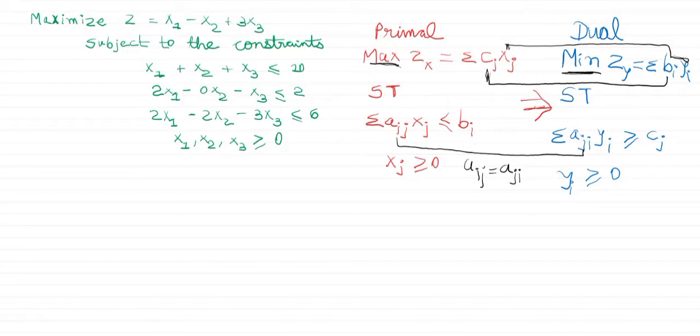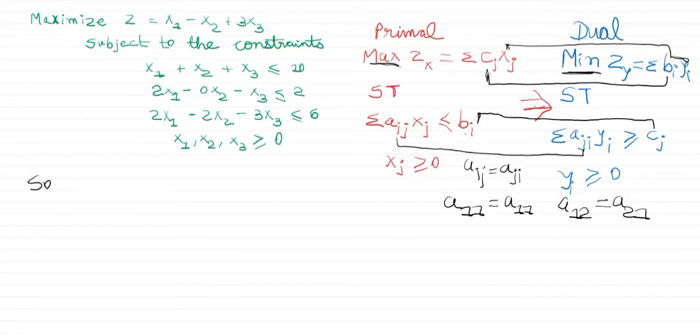What this means is that A11 is equal to A11, and if we say A12, then it will be equal to A21. All these things I'll explain while we are solving this sum. And here instead of Bi, we write Cj. So now we'll just solve this.